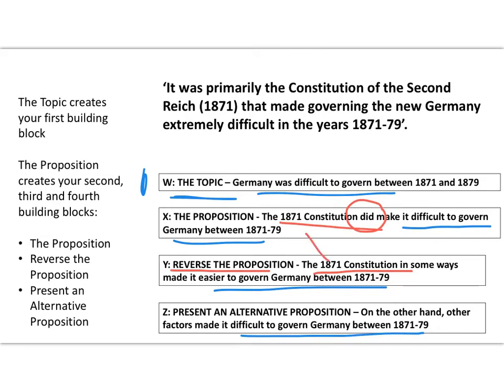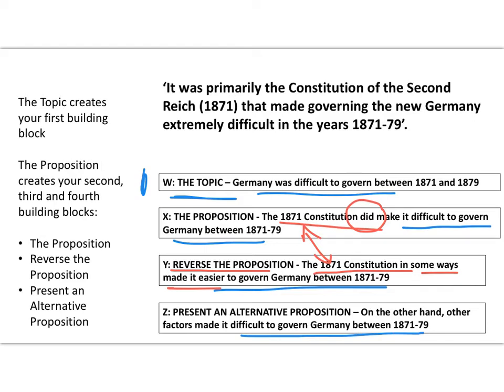So there is the connection. But it turns it round and it says it did not make it difficult to govern Germany between 1871 and 1879. Or put it in some ways, it made it easier to govern Germany. So you're actually arguing against the proposition. You're presenting a counter-argument. You're still talking about the 1871 Constitution as a cause of the difficulties governing Germany, but you're arguing the opposite case.